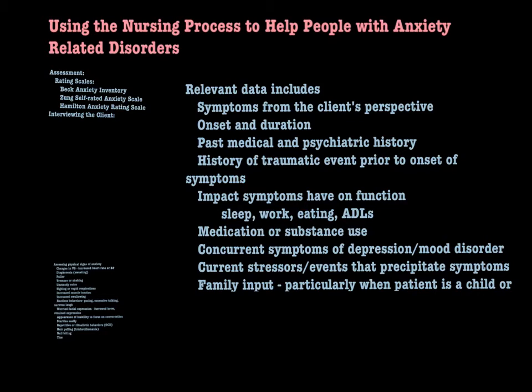We want to know if they have any symptoms of depression or mood disorder, because depression and anxiety tend to run hand in hand. Part of the reason for that could be that the serotonin, norepinephrine, and GABA imbalance has similar features in both diseases. You see decreases of serotonin and norepinephrine in both disorders, and imbalances of the GABA neurotransmitter.